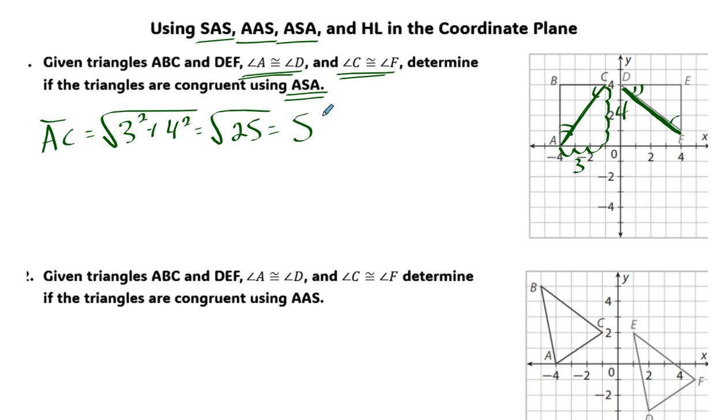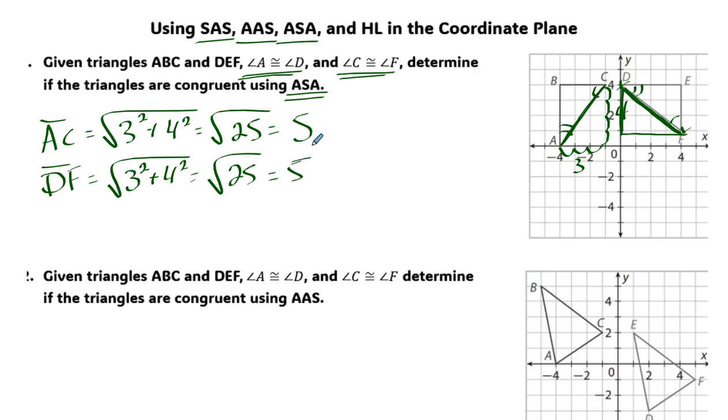So AC has a length of 5. Do the same thing for DF. Going from here to there, going down 3 spots, over 4 spots. So you can see it's going to be the same. So that also has a length of 5.